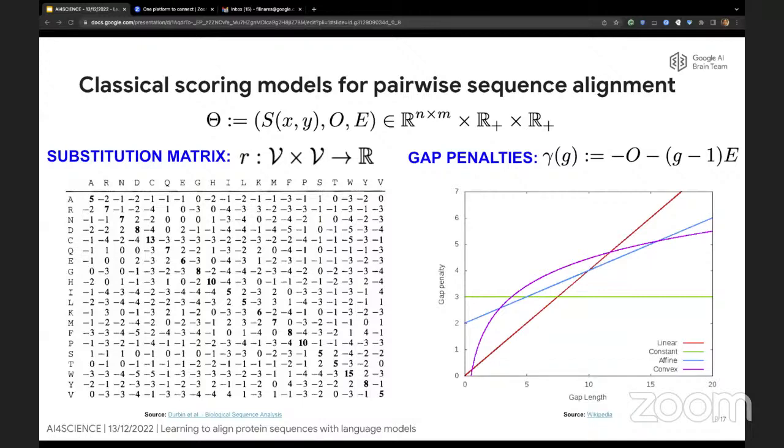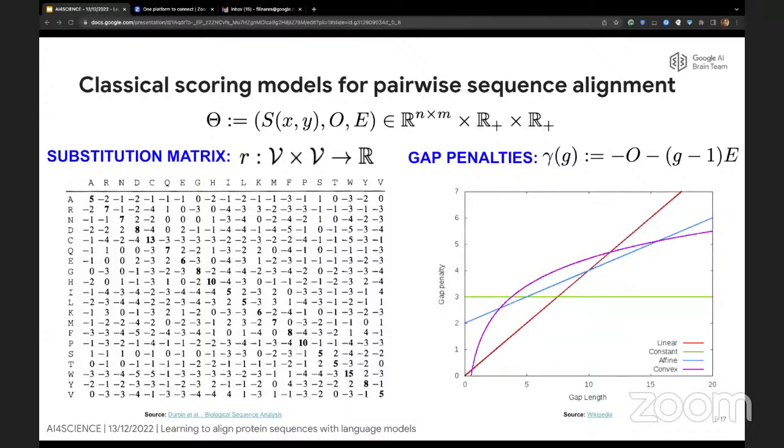We have this for every possible pair of residues. There are many of these matrices available in the literature. Most often they are obtained by fitting some statistical model to small databases of known alignments. In practice, we want to use a substitution matrix that was fit on a database of sequences comparable to the ones we are going to align.